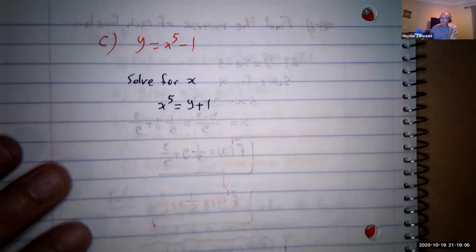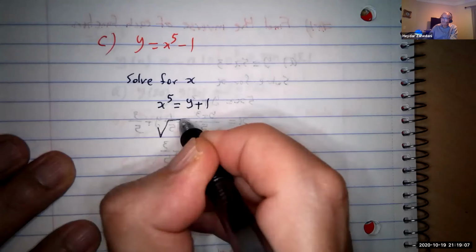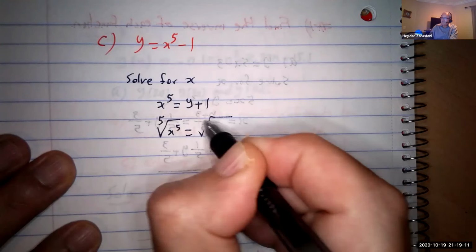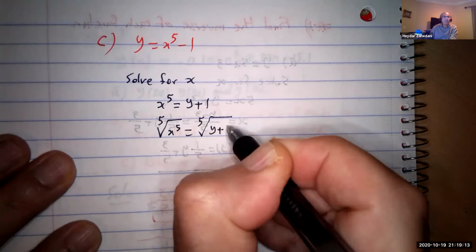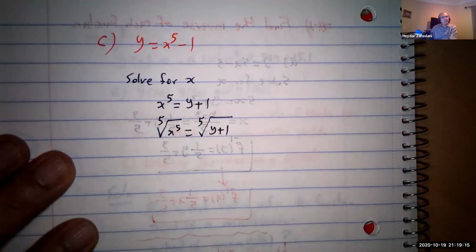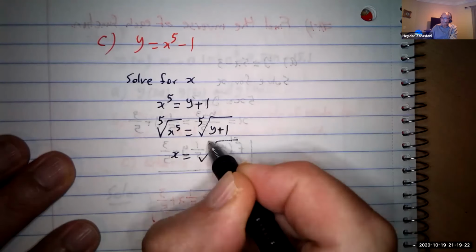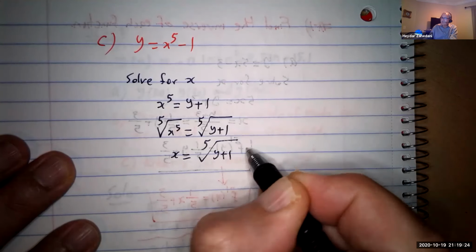You have to take the fifth root. The fifth root of x to the fifth is the fifth root of y plus 1. So this fifth should disappear. Since it's odd, you don't need any absolute value. x equal to the fifth root of y plus 1.